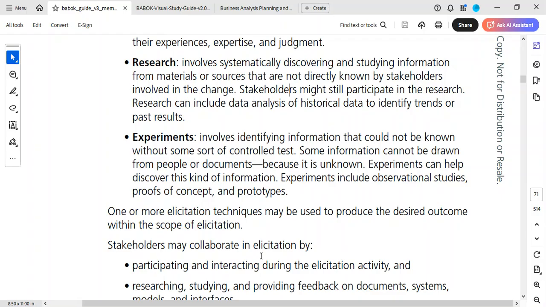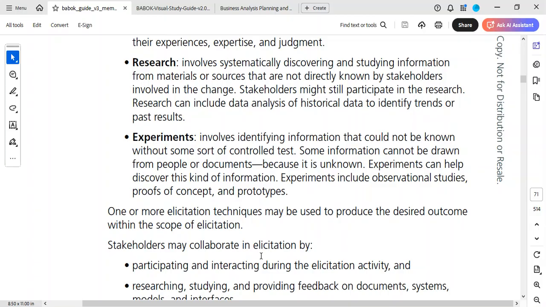Experiments include observational studies, like maybe you even go to the field to observe. Another thing is, if you have a system that is something you are looking for already, and maybe another company or another business is already making use of it, you can have a demo of that as well.